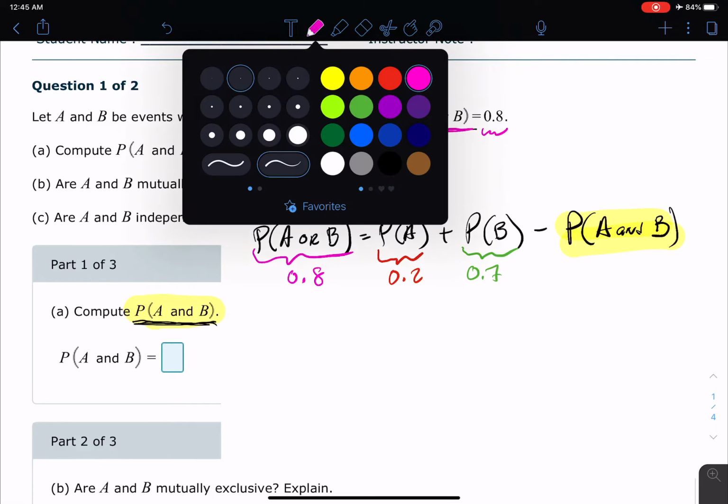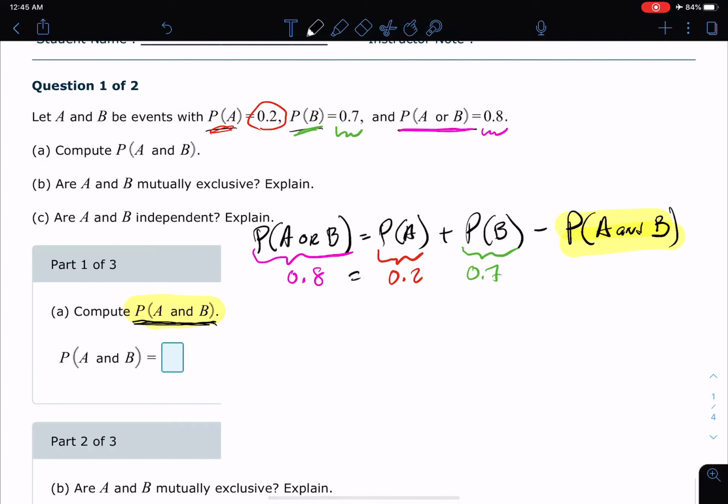So what do we know? We know a lot. The thing we don't know is the thing we're trying to figure out. So this is a variable, just like if you're trying to solve for x, you're trying to solve for the probability of A and B, and that'll give us an answer. The first thing we have to do is simplify, using algebra, adding like terms.